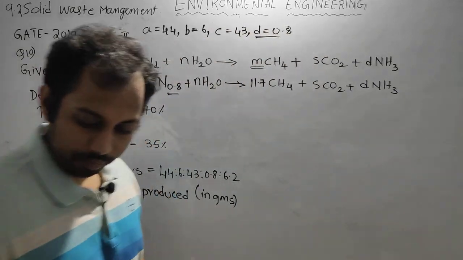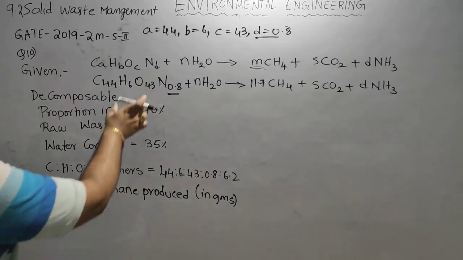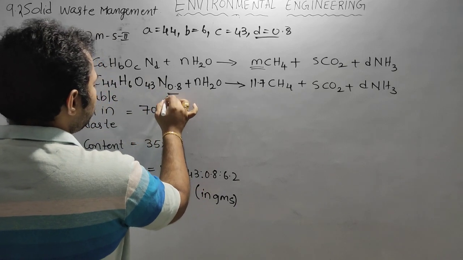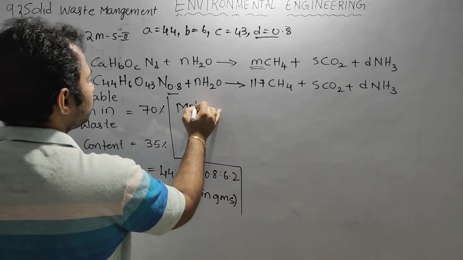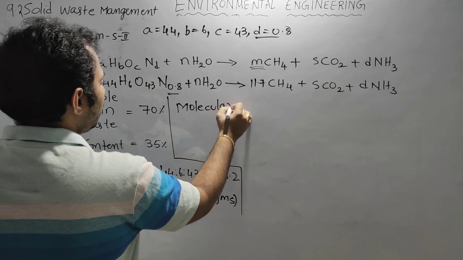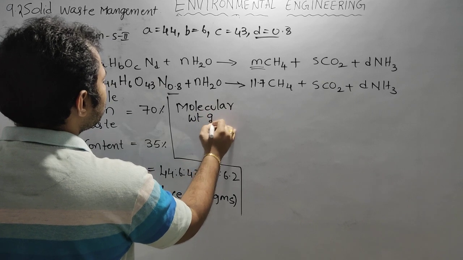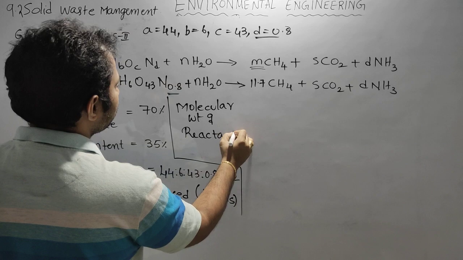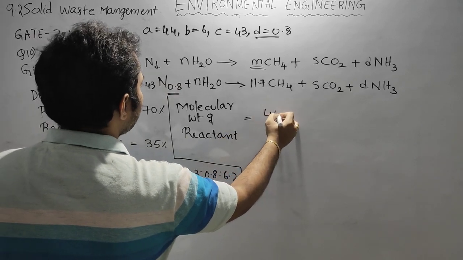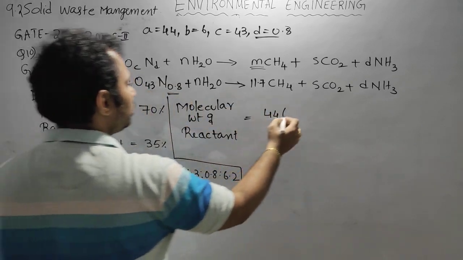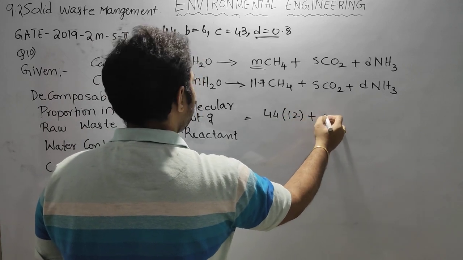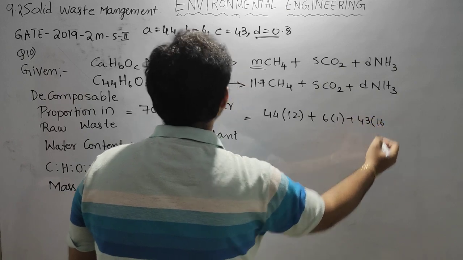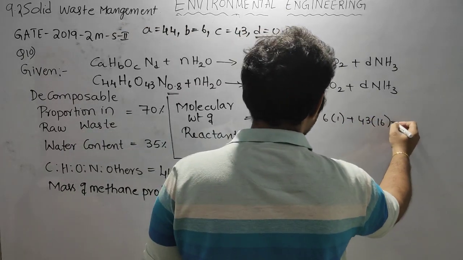So here, what is the molecular weight of the reactant first? Molecular weight of reactant: 44 carbons, weight is 12, so 44 into 12, plus 6 into 1, plus 43 into 16, plus 0.8 into 14.